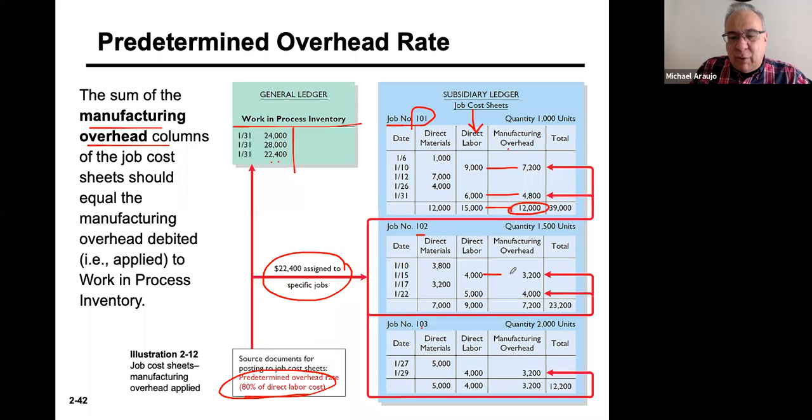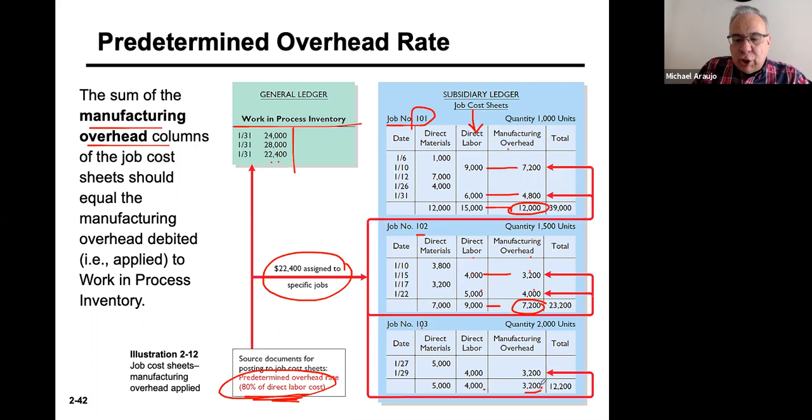Again, the manufacturing overhead using this predetermined overhead rate for this company is 80%. So the numbers you see under manufacturing overhead are 80% of the direct labor costs that are next to it. The totals are here.